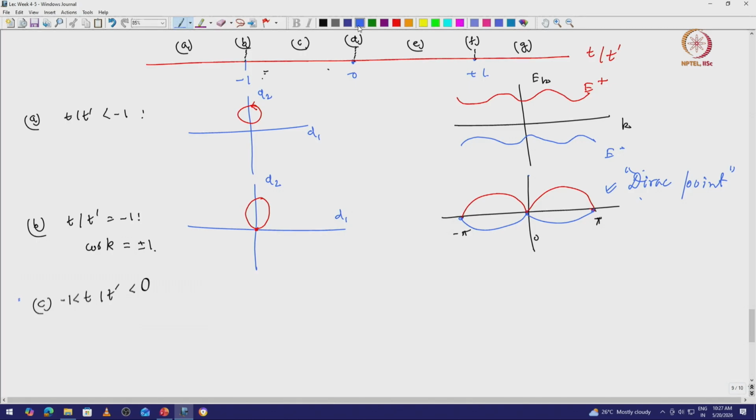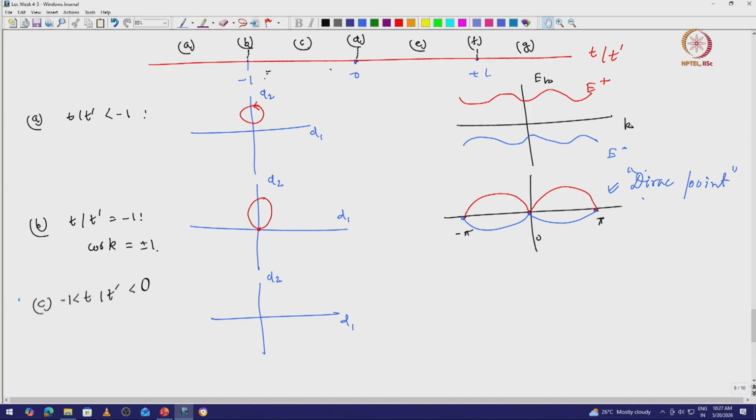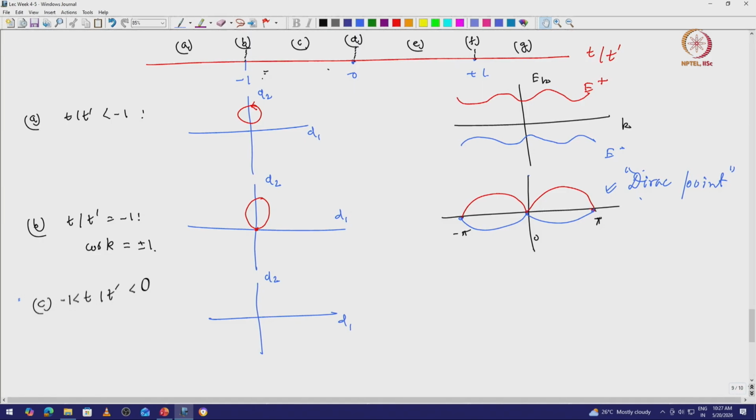So now we see that D1 always goes to 0 at the three points, but now D2 will also go to 0 at some point, depending on the values of this, but not at those high symmetry points.